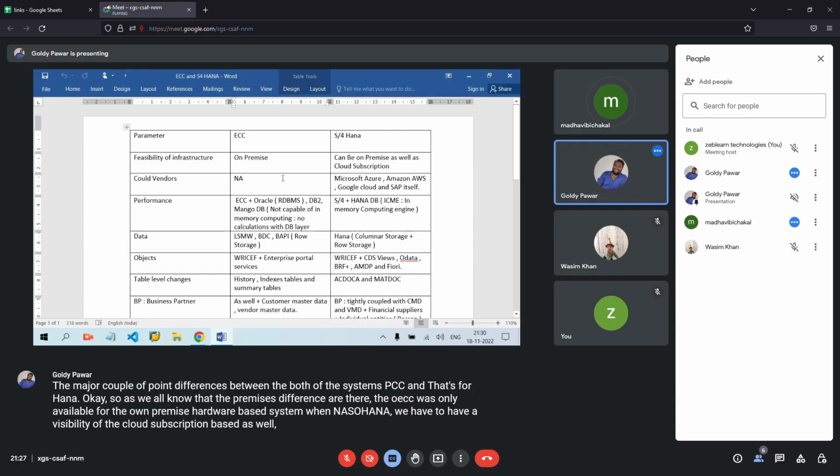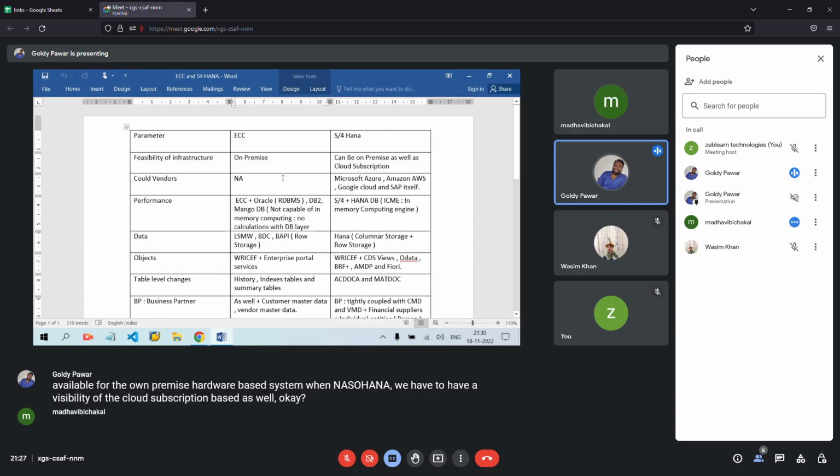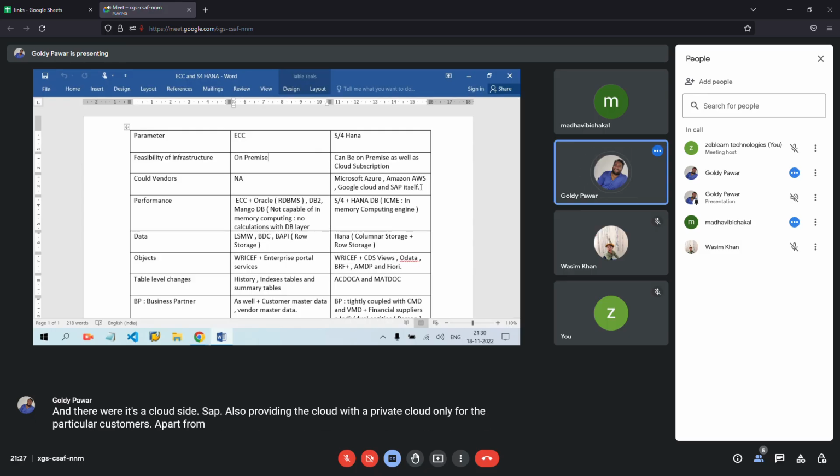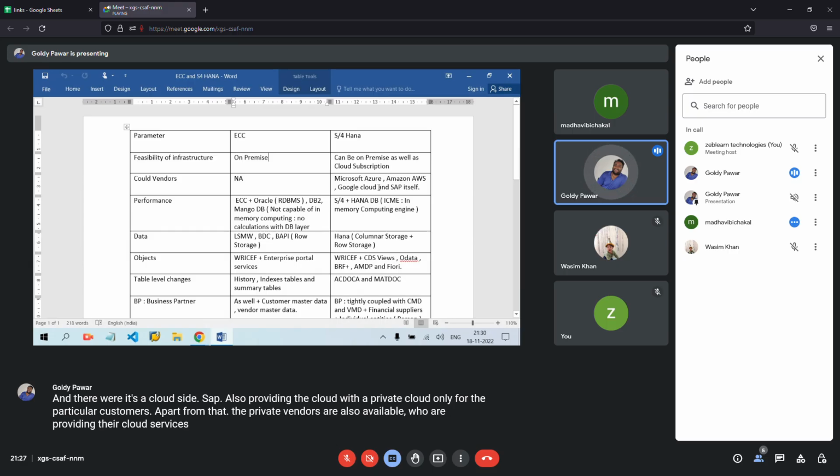On the cloud side, SAP also provides a private cloud only for particular customers. Apart from that, private vendors are also available who provide cloud services for deploying the HANA system.